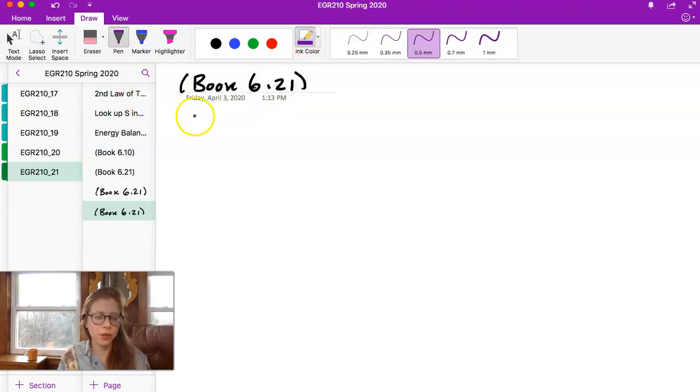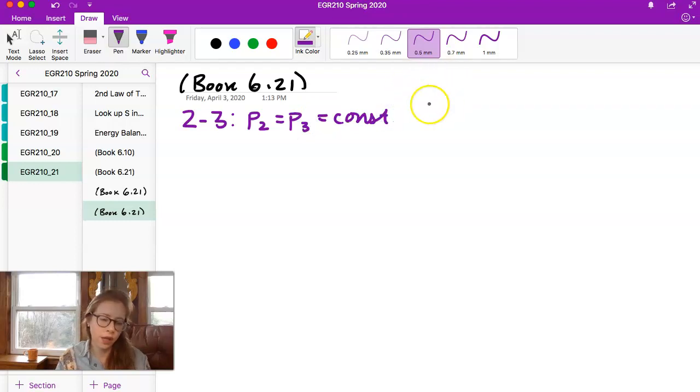Okay, so this is going to be 2 to 3. Once again, we know that P2 equals P3, which is a constant. And so that tells us for an isentropic process that N is 0.